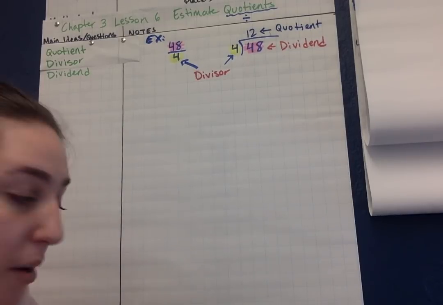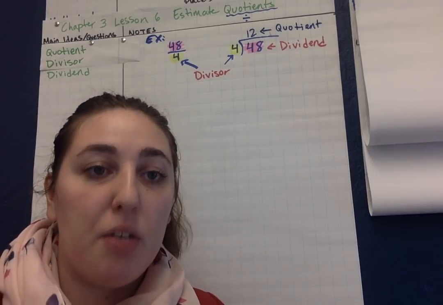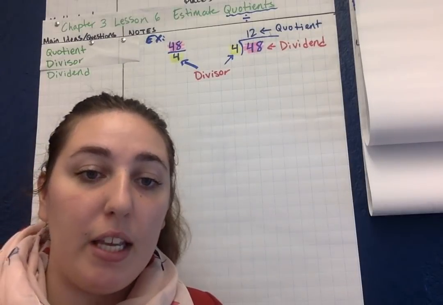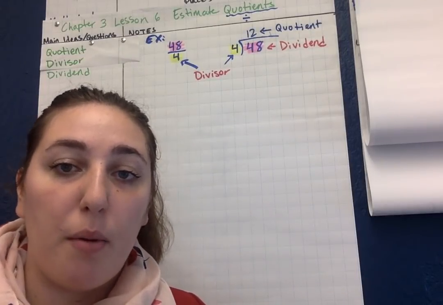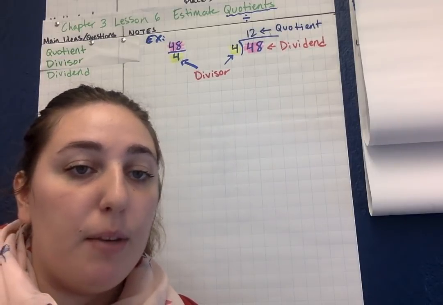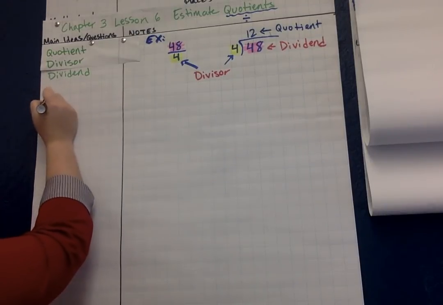Now that we know all the terms, let's write one more term. Today, a lot of what we're going to be doing is estimating quotients, which means we want to think of the answer to a division problem really quickly. In order to do that, we need to be rounding and finding compatible numbers. So let's write that down.